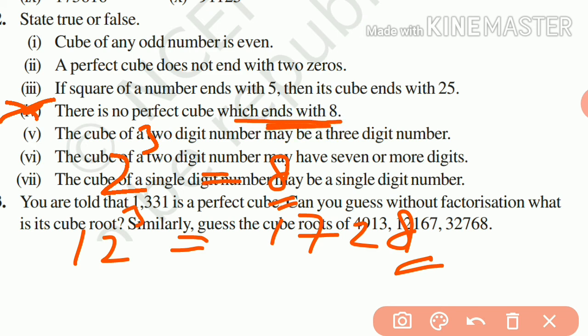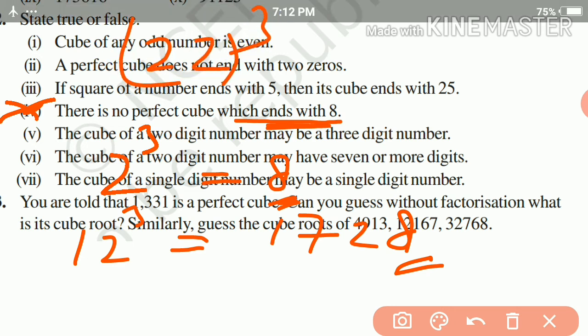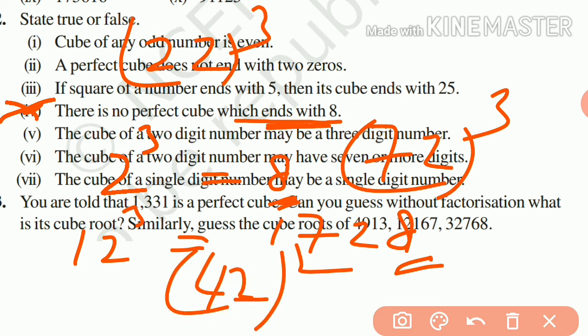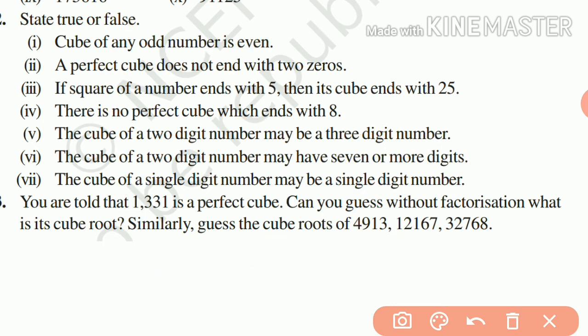There are so many perfect cubes which end with 8, and any number that ends with 2, its cube will end with 8, like 22 cube ends with 8, 72 cube ends with 8, 42 cube ends with 8, and so on.